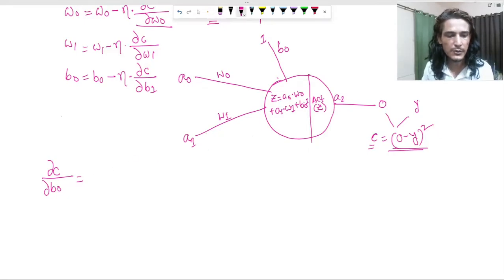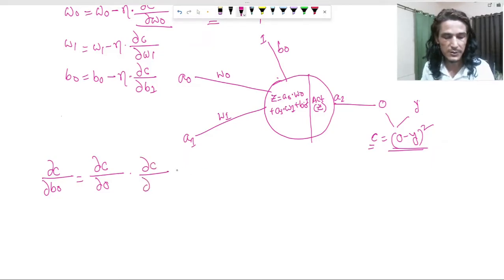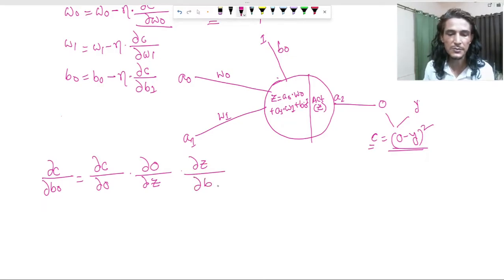So what we can do is write the rate of change of the cost function with respect to B0 in this way. First we compute the rate of change of the cost function with respect to this O, then the rate of change of this output O with respect to the intermediate result Z, and then the rate of change of this Z with respect to B0.